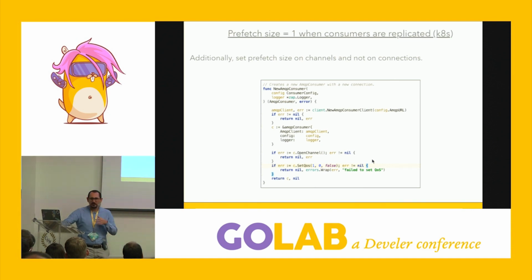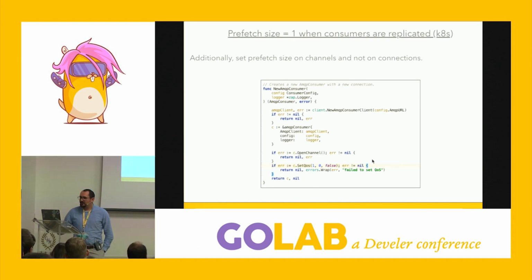So let's say that you pass it a 100, RabbitMQ will start sending messages to the consumer up to 100 unless the consumer sends an ACK first. So if the consumer does not send ACKs and you do not have the auto ACK option set to true, then RabbitMQ will continue delivering stuff to you up to that point.